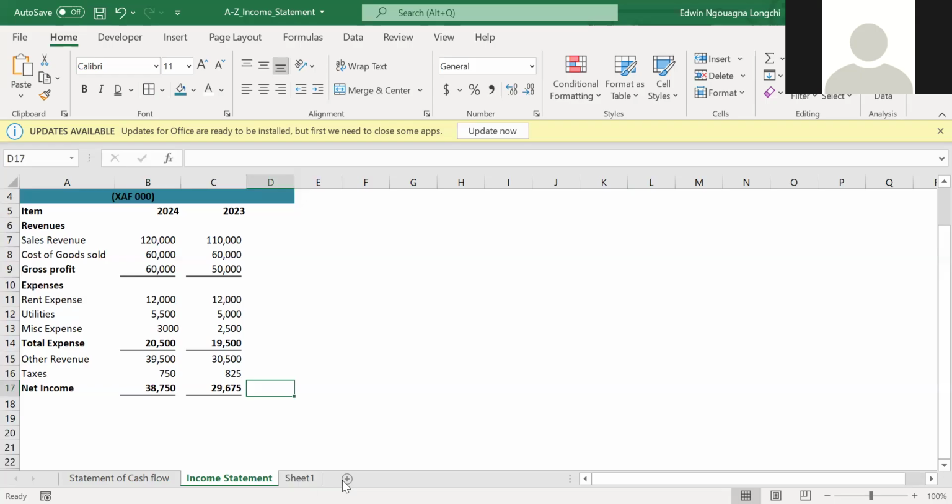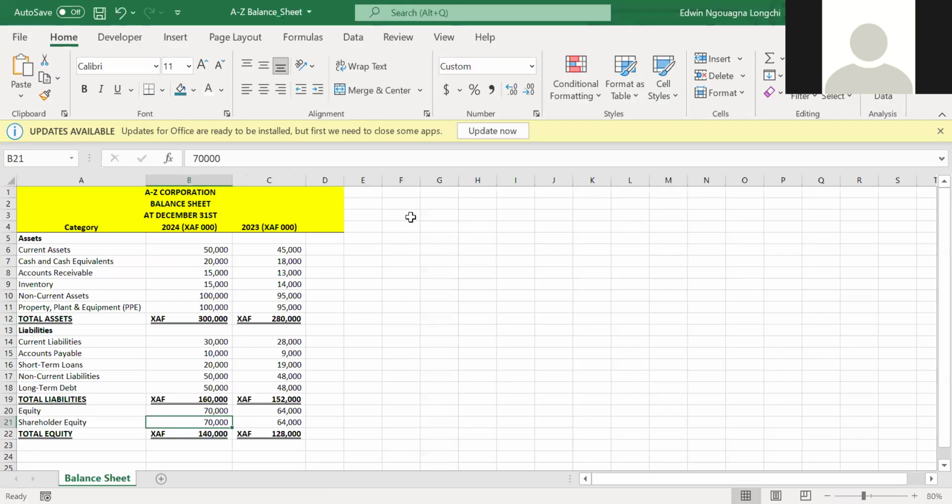Then, how do you do your balance sheet? Balance sheet is also very easy. People always have issues with this because they don't track their income. They don't have all those books we saw last time. When you have all those books, you will not have issues, because the balance sheet has your assets, your liabilities and your equity.